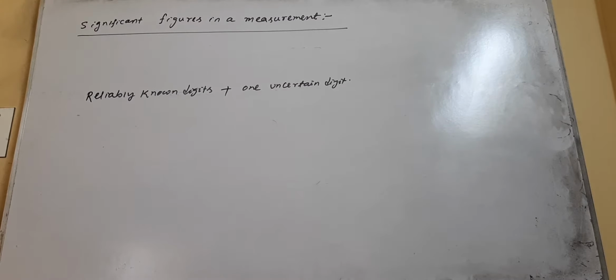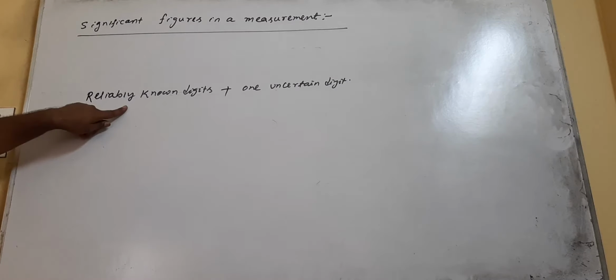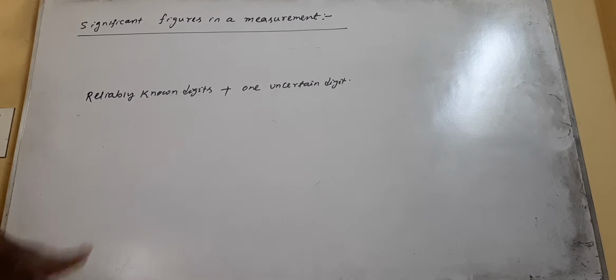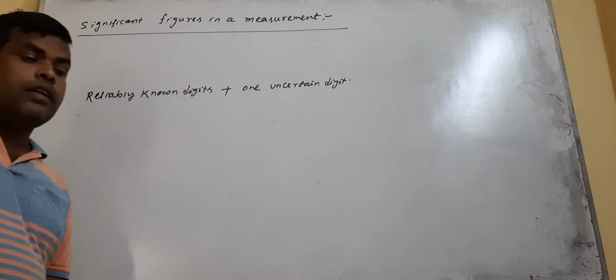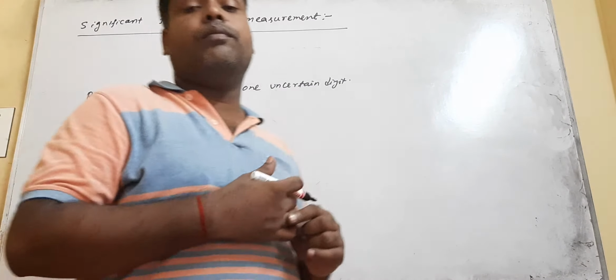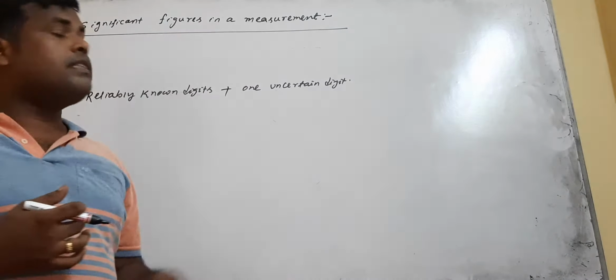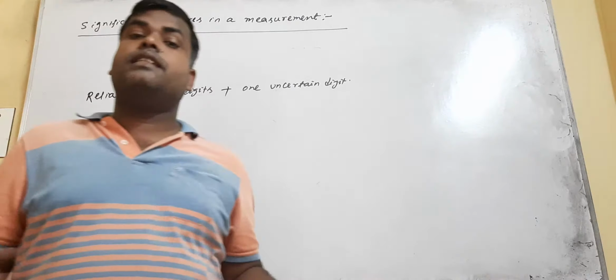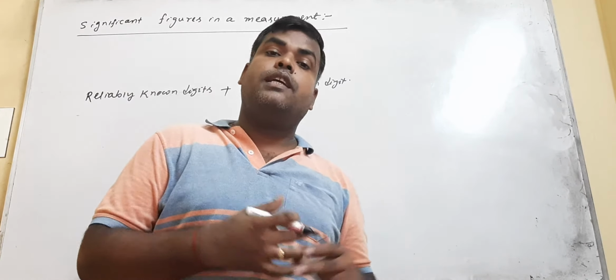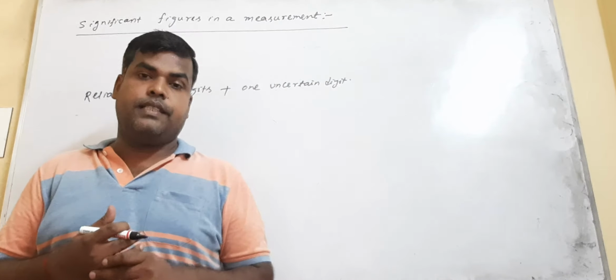What do we mean by reliably known digits and what do we mean by uncertain digits? You remember, reliably known digits means the digits upon which you have the confidence, and uncertain digits means the digits upon which you do not have confidence.